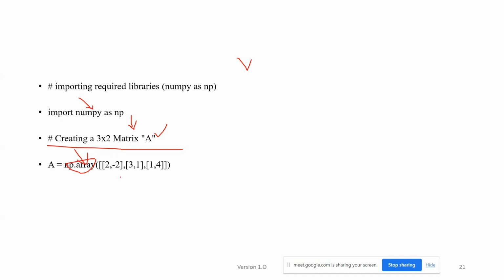In this array, you know how we represent the elements. This is one row, this is another row, this is another row, so three rows: first row, second row, third row. How many columns? The first row has a first column and a second column, two columns. The second row also has two columns, and the third row also has two columns.